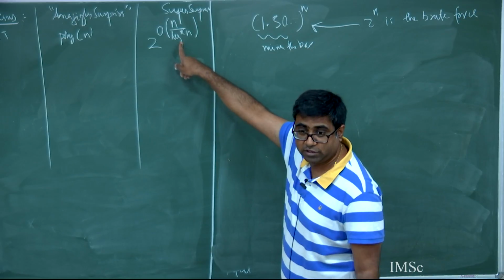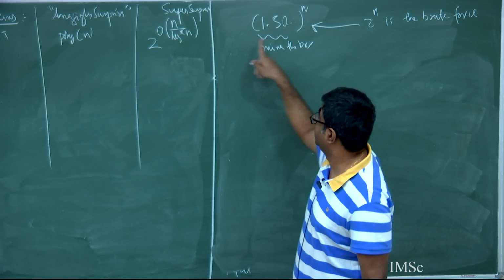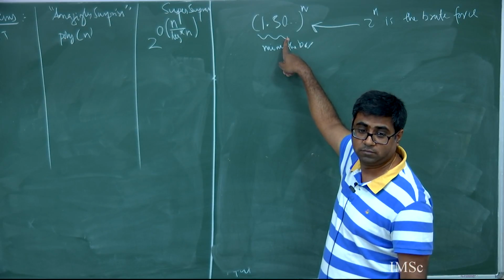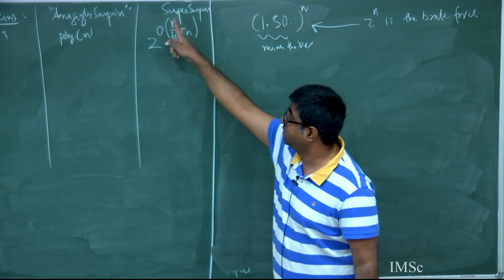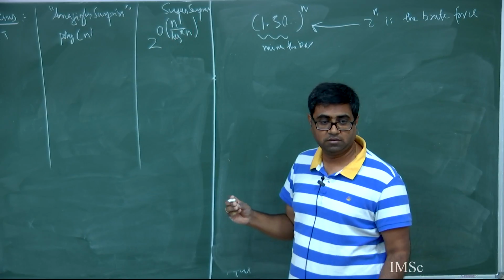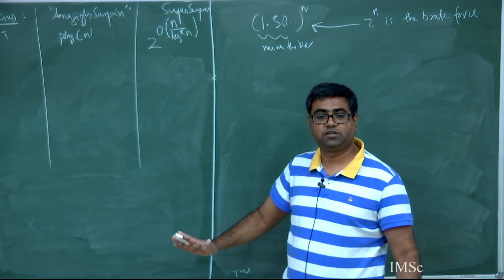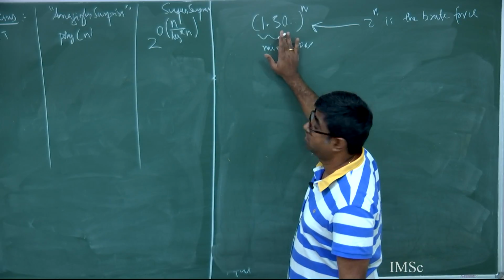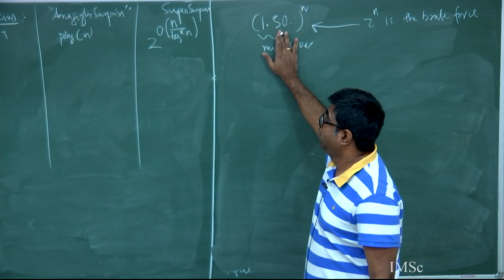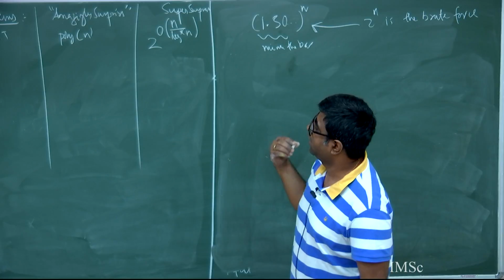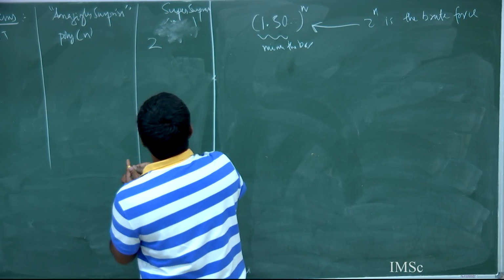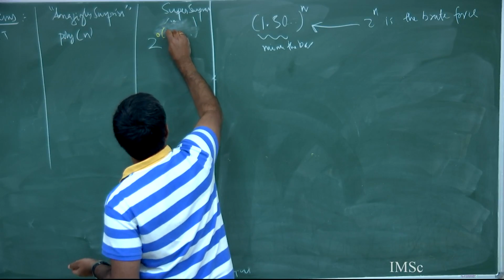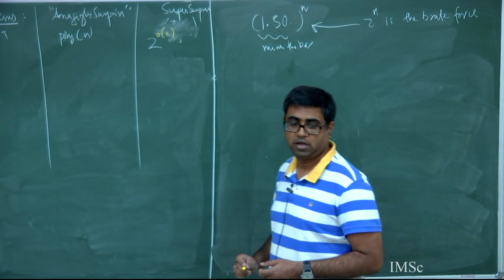But the form of this algorithm is very different from the form of that algorithm. If there is an algorithm with this running time, then it is a much slower-growing function than the other one. So basically what I want to say is that I will be surprised if I have an algorithm with running time little o of n. And what is little o of n?